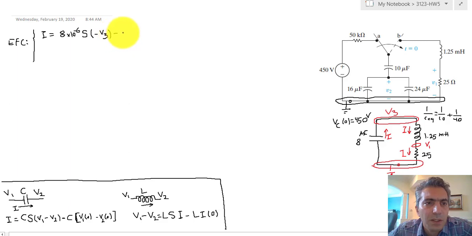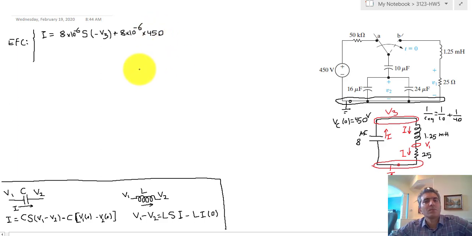Now minus the capacitance, which is 8 times 10 to the minus 6 again, times the initial voltage difference, which is 450. So that becomes plus times 450 volts. So that's the equation for the capacitor.